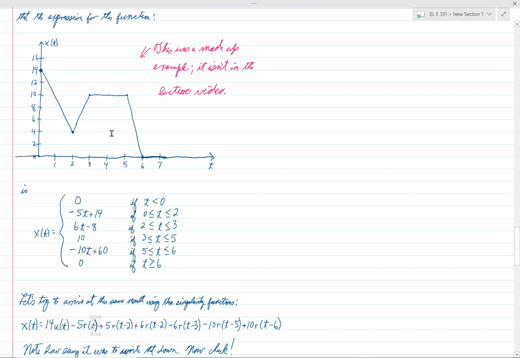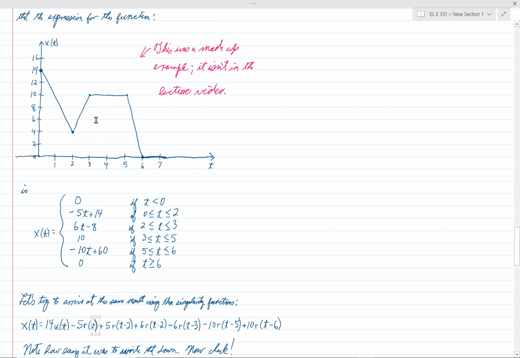But that's not all I want it to do. I don't want to just flatten out. I want to actually then go up. Now, what is the slope here? Well, the rise, we're going from (2, 4) to (3, 10). So the rise is 10 minus 4, which is 6, over a horizontal distance of 3 minus 2, which is 1. So 6 divided by 1 is 6.